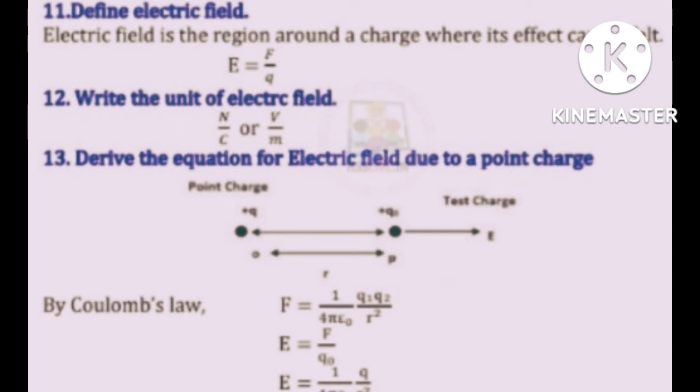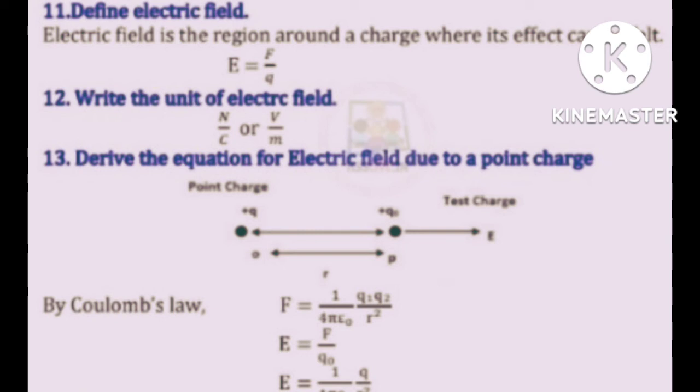Define electric field. Electric field refers to a region surrounding a charge where its influence is felt, or the space where charges or charged bodies electrically interact is called electric field. So in short, we can write down, electric field is the region around a charge where its effect can be felt, or E is equal to F by Q. The next question is, write the unit of electric field.